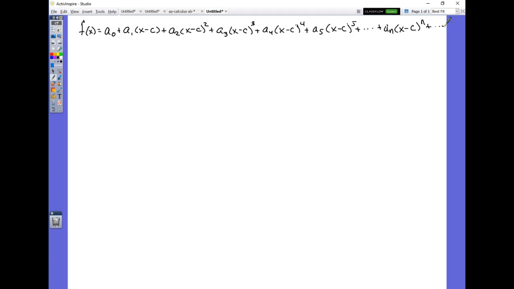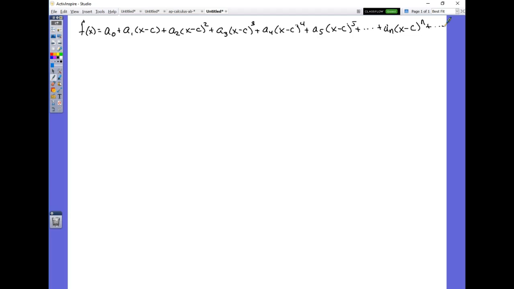Because when we talked about Taylor series, we said, well, a of 0 is really just f of c, right? a of 1 was f prime of c. This was f double prime of c over 2. F triple prime of c over 3 factorial. F to the nth derivative over n factorial eventually, right? So if I were to look at this particular problem, we have f of x, which is all of this. This is your power series.